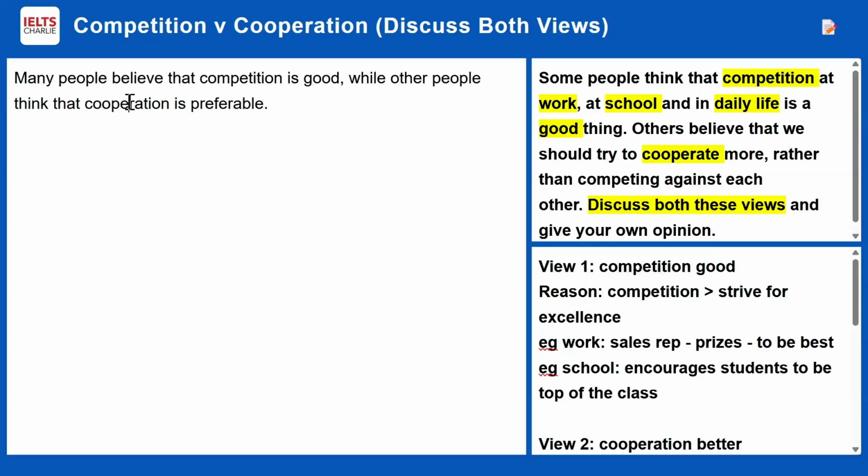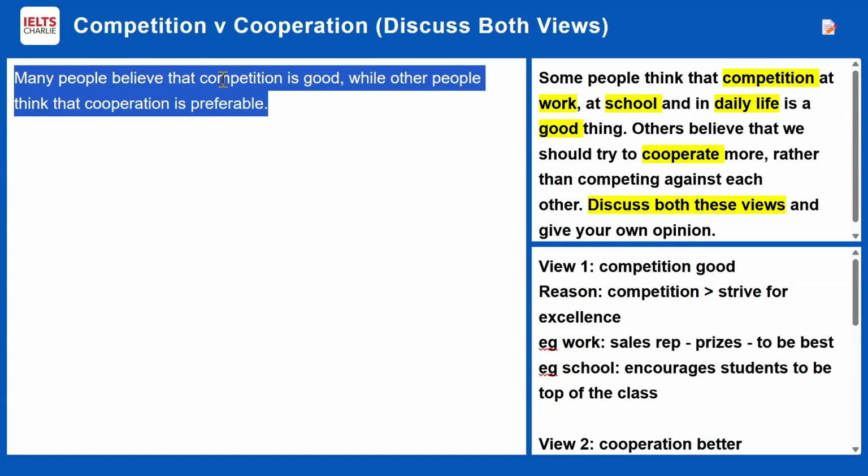One thing you'll notice here, I hope, is that I've got the word cooperation in my essay, whereas in the task it's cooperate. So I've been able to change the word form from cooperate to cooperation. And that's an example of being able to use language in a flexible way. And this would be perfectly okay as a first sentence in a Band 7 essay.